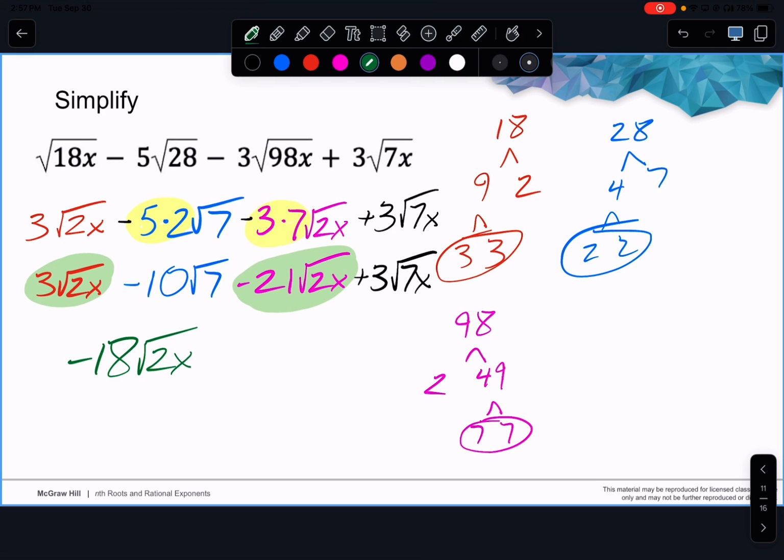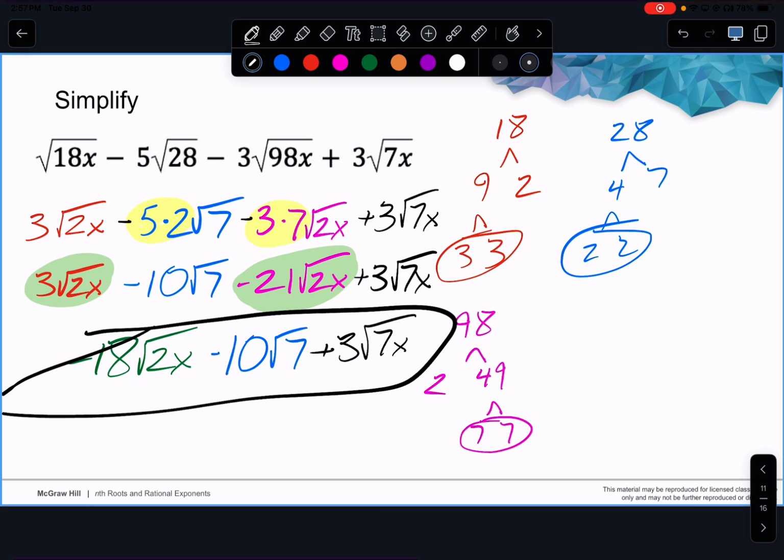Can I combine those others? But they both have a 7, guys. There's an x. That x matters? Yeah. Okay, that x underneath the radicand, it matters. It's a different value. So we can't do anything with the other ones. Negative 10 square root of 7 plus 3 square root of 7x. That's our final answer right there.